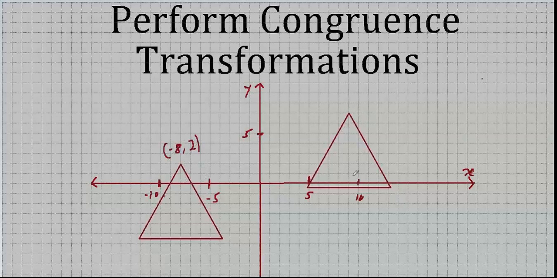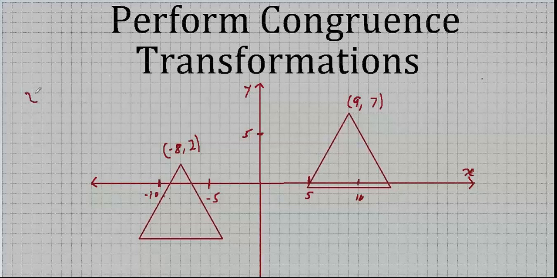Well, it looks to me like X is 9, and that's positive of course, and Y is 7. So what did we do? We moved this way 17 units. We move this way 5 units. How do we express that in our nice short mathematical notation?